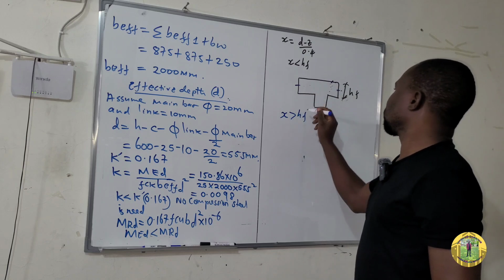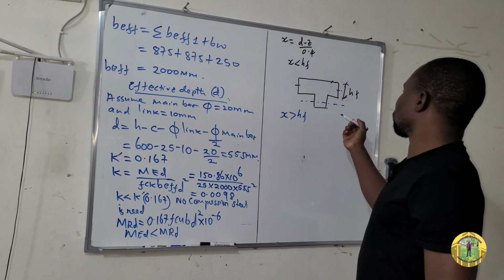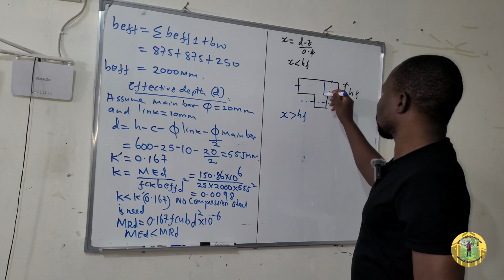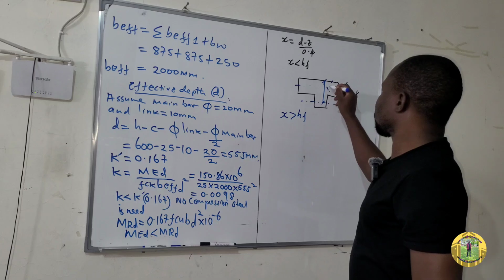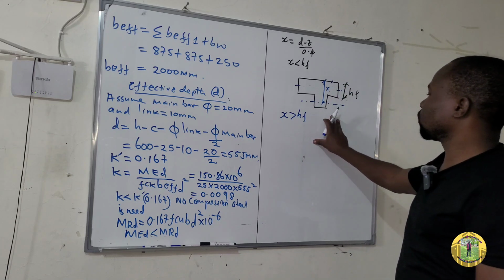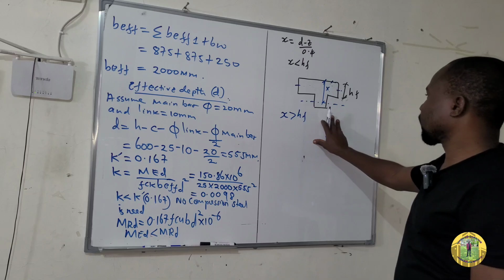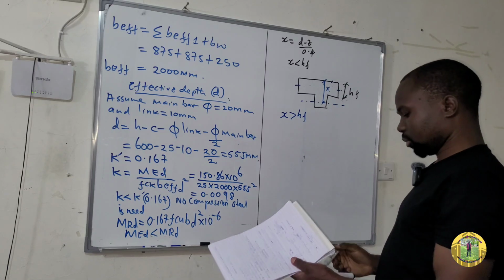The neutral axis will now be in the web. So this is X. So for this, you'll use different formulas for area of steels. So let's check if X is in the HF or is in the web.